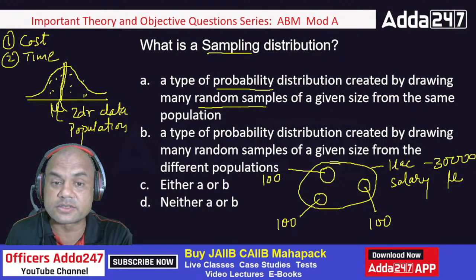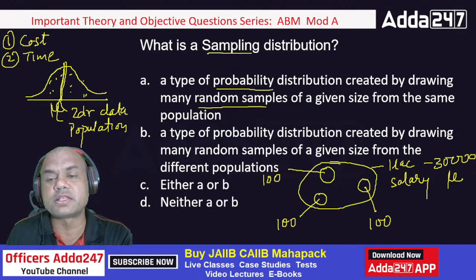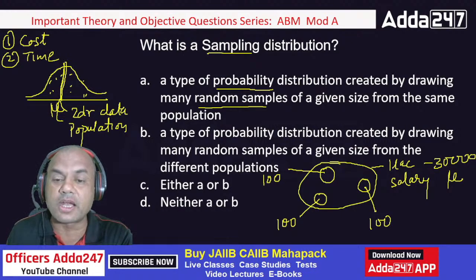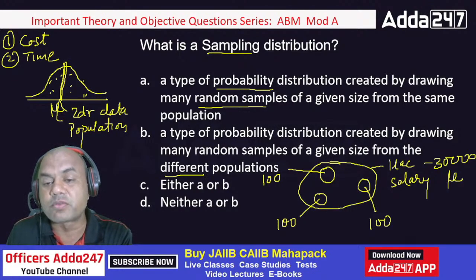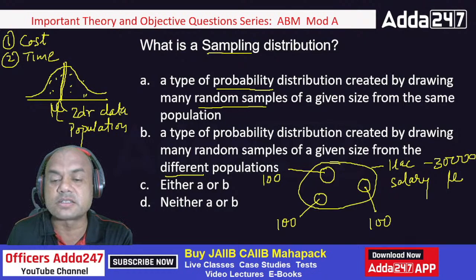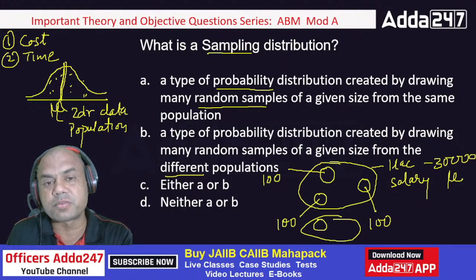So is A the answer? Or is it a type of probability distribution created by drawing many random samples of a given size from different populations? Different means one sample is taken from this population, and the second from some other population, another city. Do we take it from different populations?